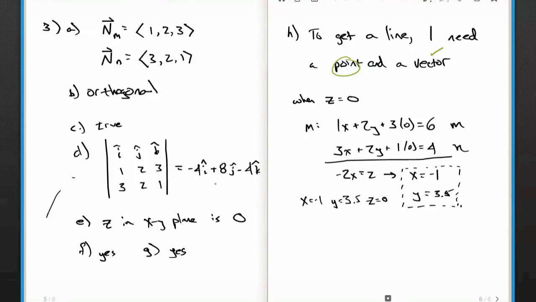This one must be parallel, so we can say finally that the parameterized line is x equals negative 1 minus 4t, y equals 3.5 plus 8t, and z equals 0 minus 4t, so minus 4t, which makes sense because our original point is right on the xy plane, where z equals 0. So this is the final answer.